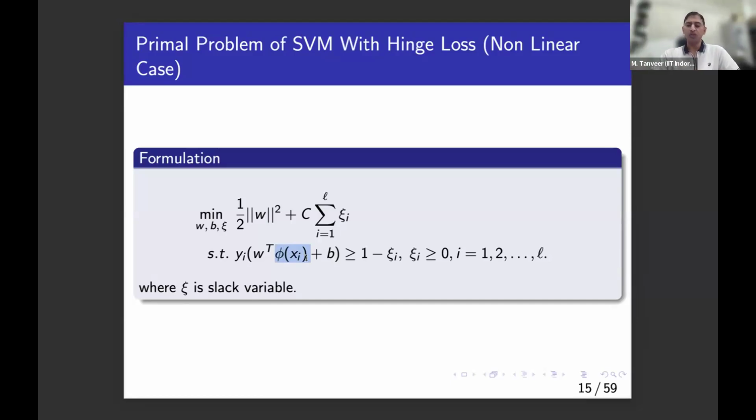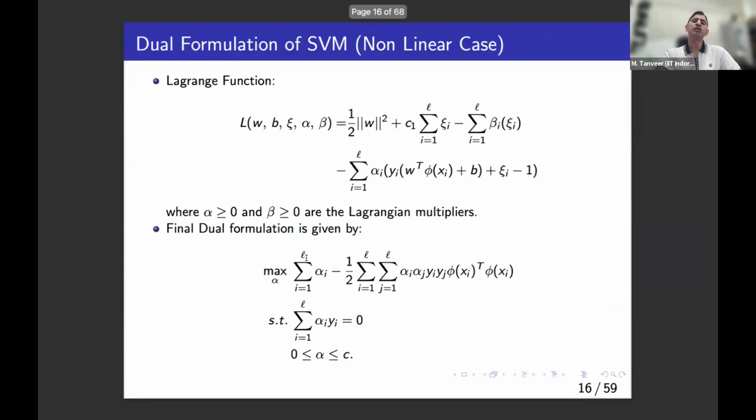So how do we solve this problem? We go along exactly similar lines: we first construct the Lagrangian function, take the partial derivatives with respect to w, b, xi, alpha, and beta and equate them to 0, get those values, put them back, and then we get the dual formulation.